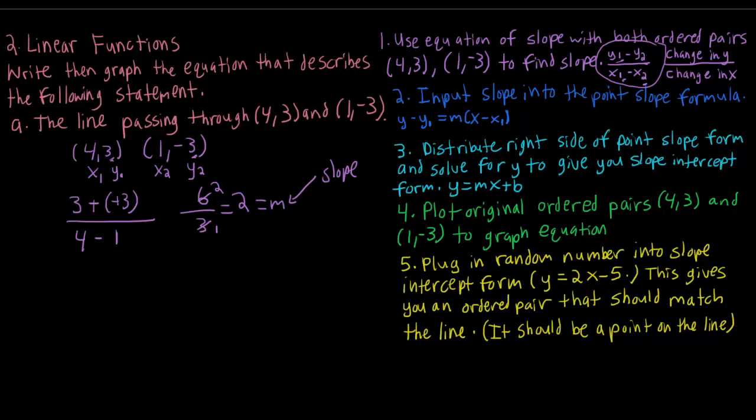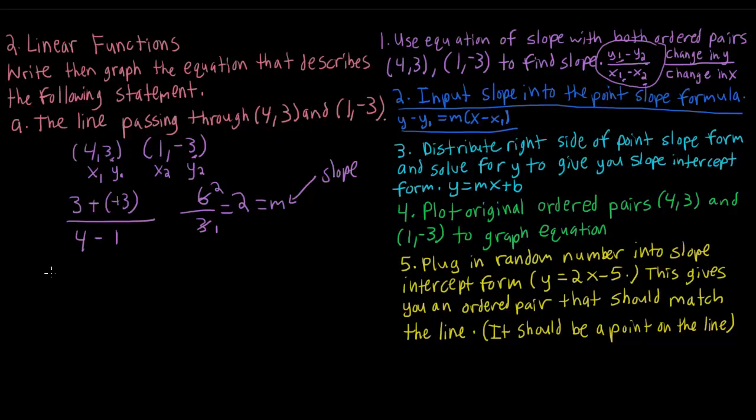Now going on to the next step. The next step, now that we found our slope, is to input the slope into the point slope formula, which is y minus y1 equals m times x minus x1.